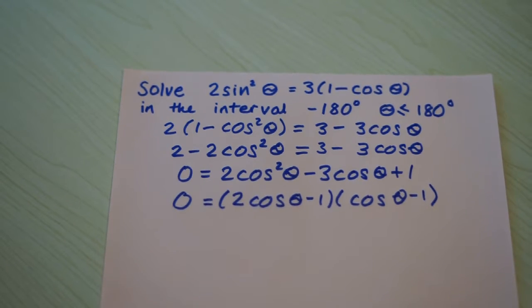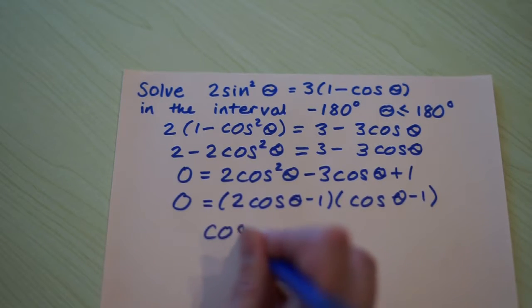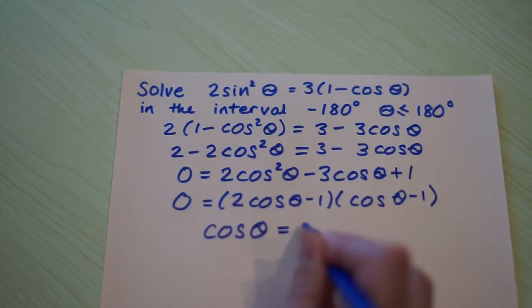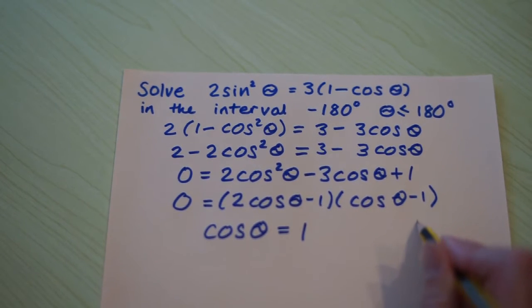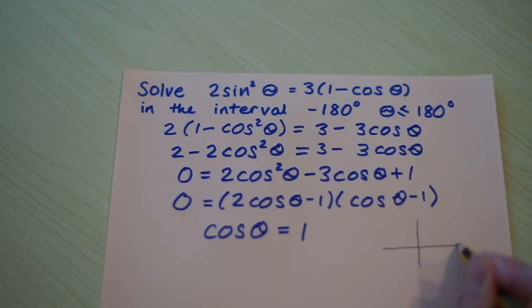and so therefore we can see that the solutions are cos theta equals 1. So let's have a quick look at the cos graph.